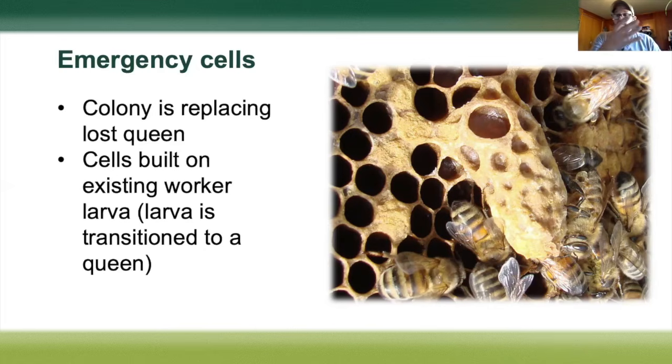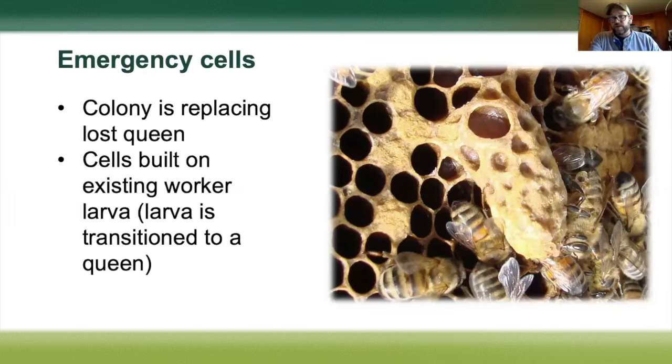But essentially, they're not rearing a queen like they would from a queen cup. They are rearing it from an existing cell. And they're just altering the diet to a diet of royal jelly so that they can create a queen from that worker cell. This is a nice way to recover from a queen being lost.